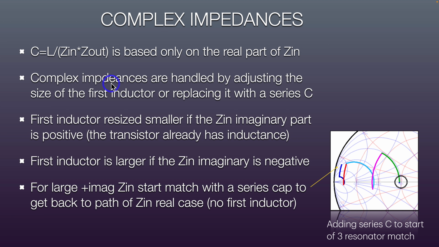And this is just the same thing I've been describing, that the complex impedances are handled by adjusting the size of the first inductor. Make it smaller if you're up in the upper part of the Smith chart, make it larger if you're in the lower part of the Smith chart. And then for a really large imaginary Zn, you end up using this series cap as a beginning component.